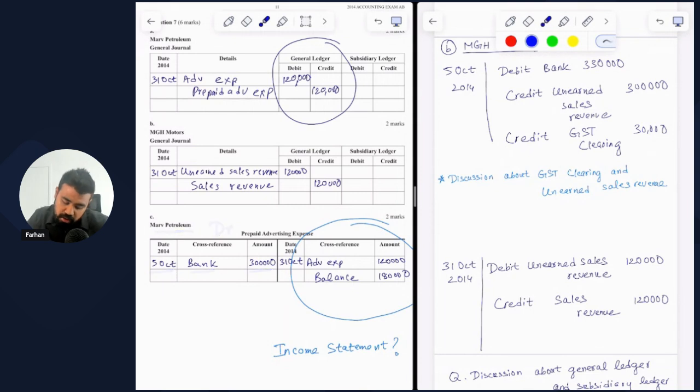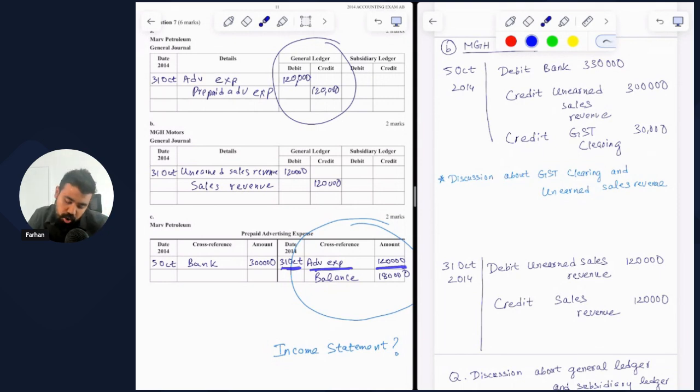Now, by the 31st of October, Marv Petroleum consumed $120,000 worth of benefit that comes with the prepaid advertising, and now we can confidently say that this is an advertising expense that has been consumed or incurred. And this $120,000 is the total for 2 cars that have been delivered on 17 October and 24 October.